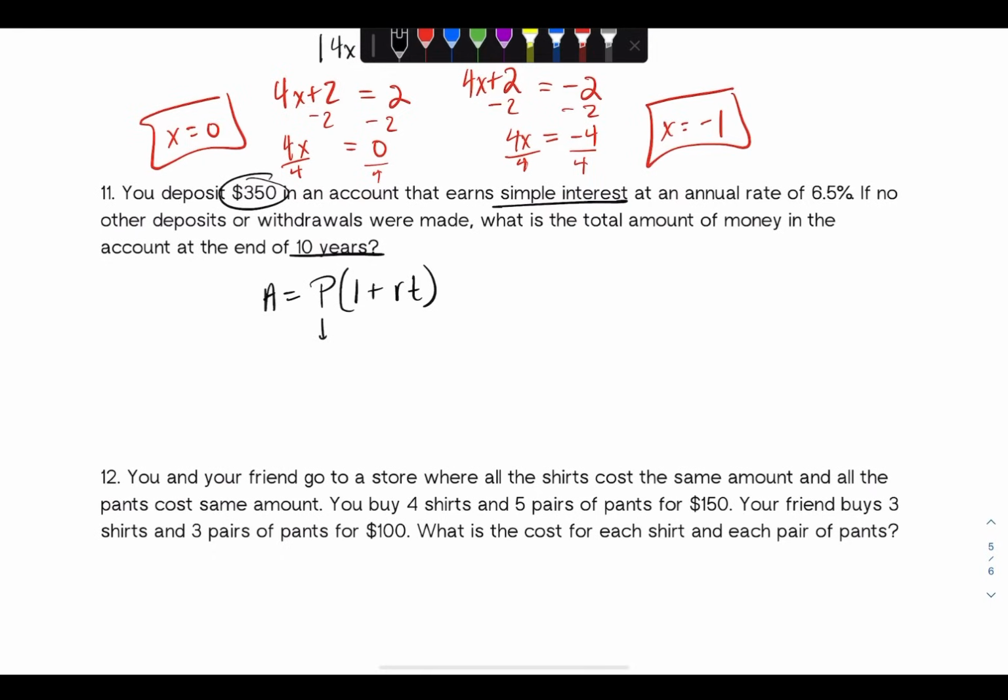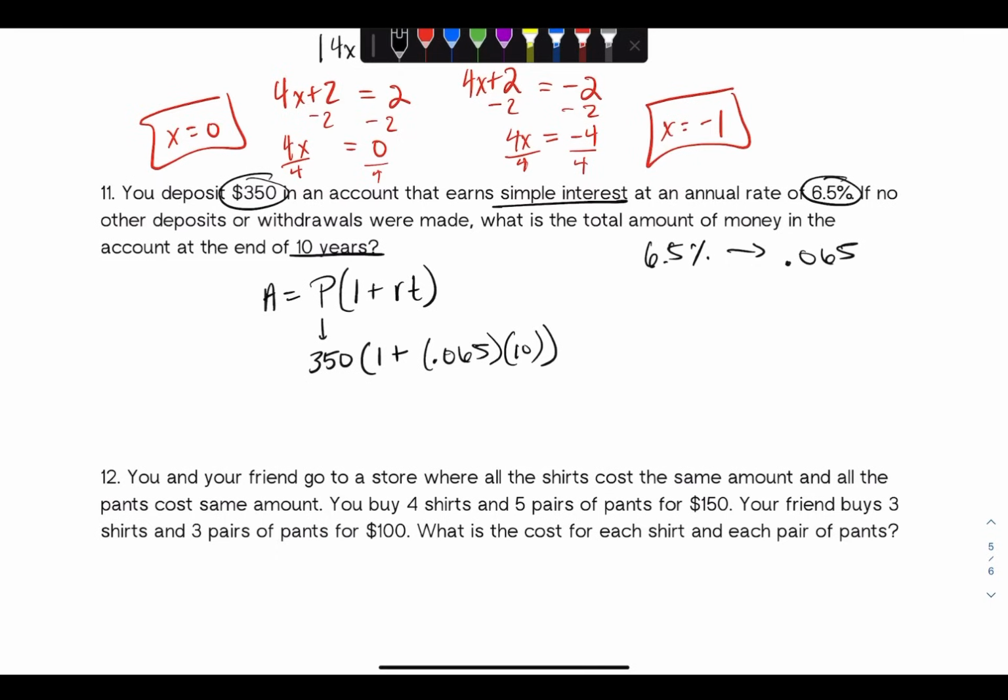Well, we have P, that's going to be 350. We have 1 plus our rate is 6.5%. So 6.5% as a decimal is 0.065. So that's what we're going to have, 0.065 times 10.